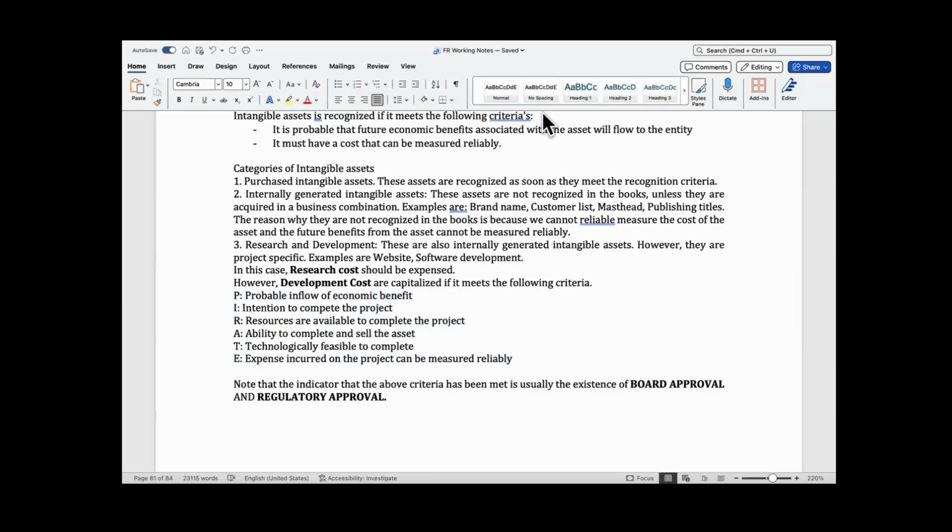And for SBR students, areas around professional judgment is where you should look out for. ICAN can ask you around that, where you are required to exercise professional judgment, and also areas around ethics, because you would find some entities wanting to capitalize these assets because they will look at, we have spent so much money, because development and research requires huge outlay that some companies will just go ahead and capitalize it.